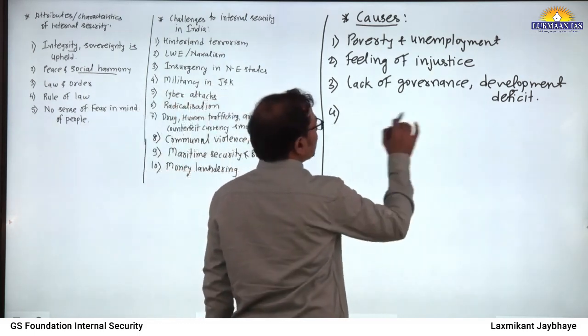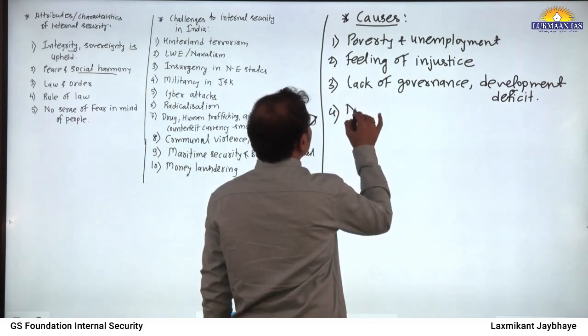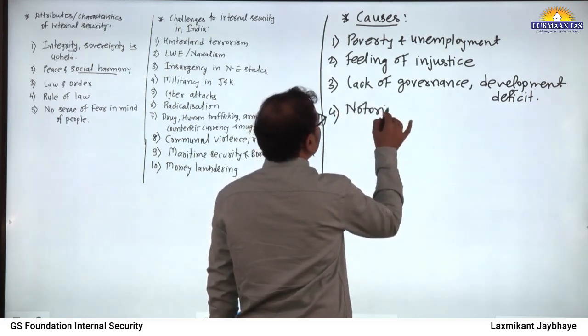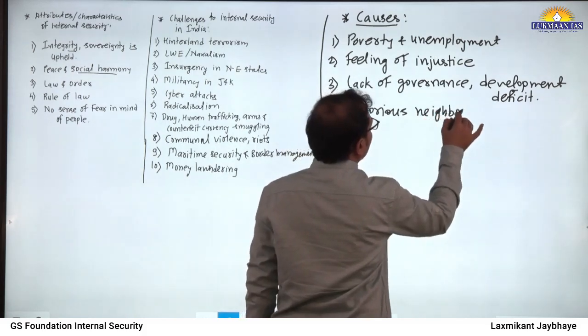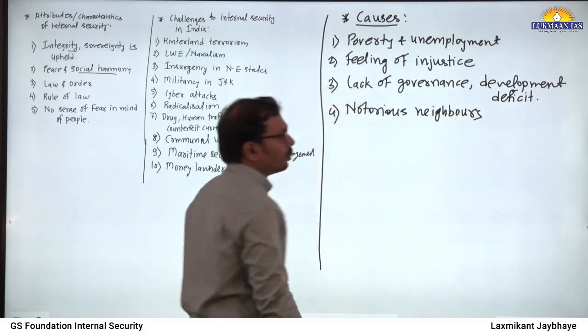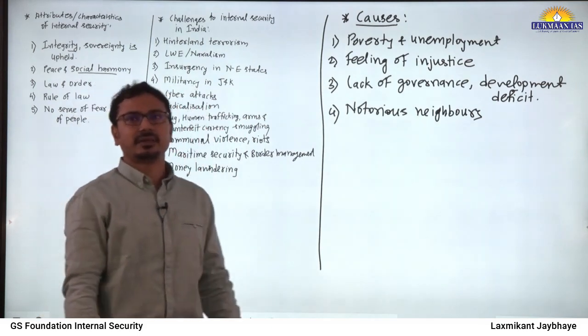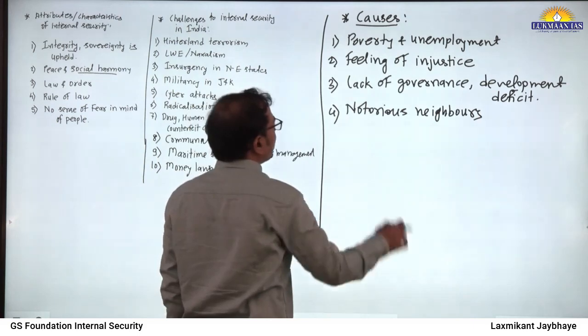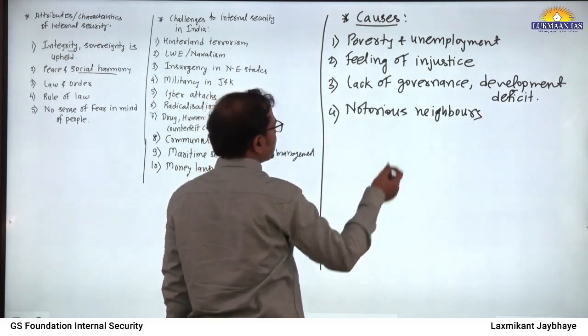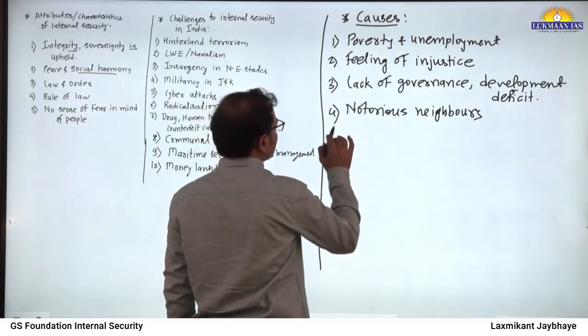Then we can say the notorious neighbors, China and Pakistan. That is one of the major reasons: external state sponsored terrorism.